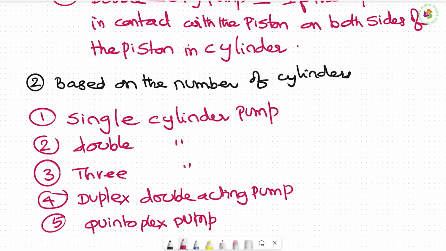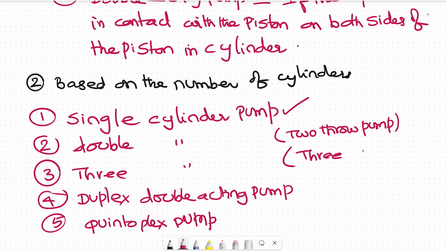The single acting pump is also called one cylinder pump. The double acting pump is also called a two throw pump. Two throw pump means there are two cylinders. This is a three throw pump.